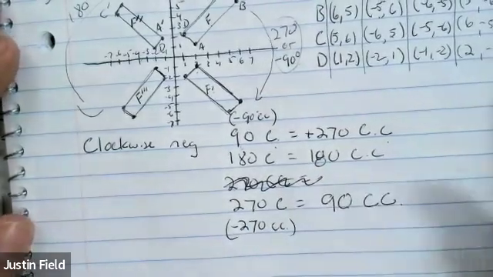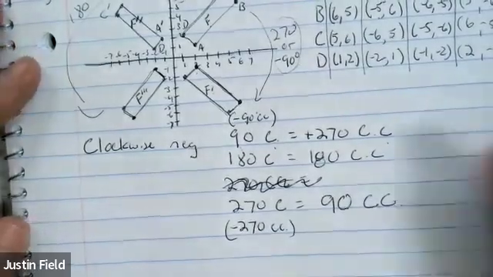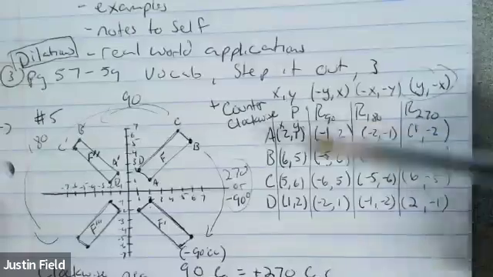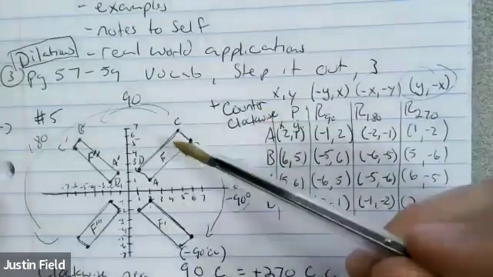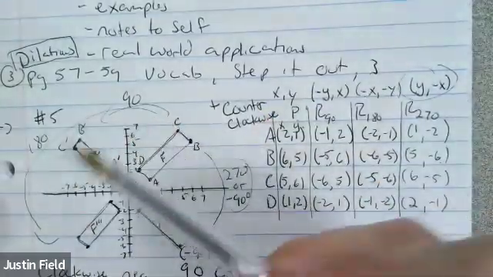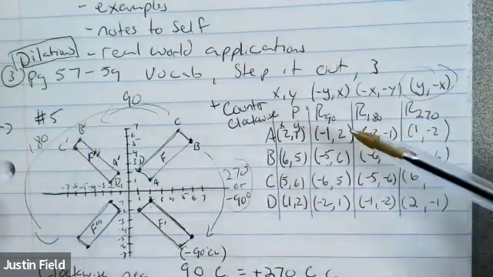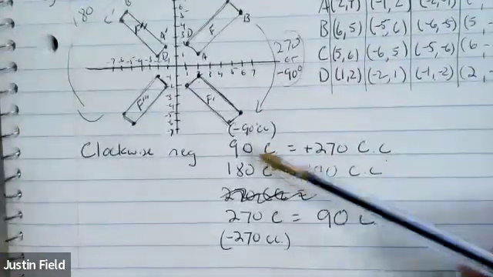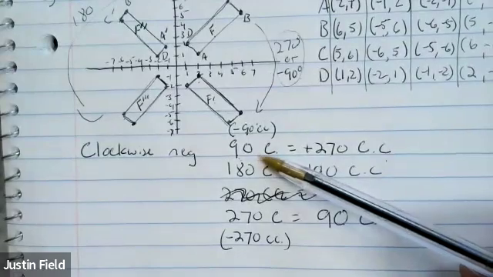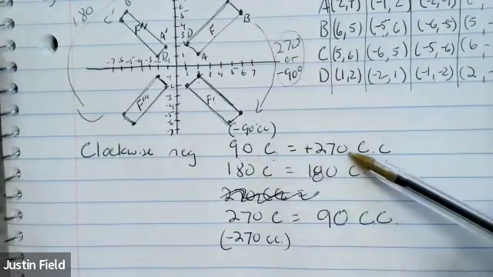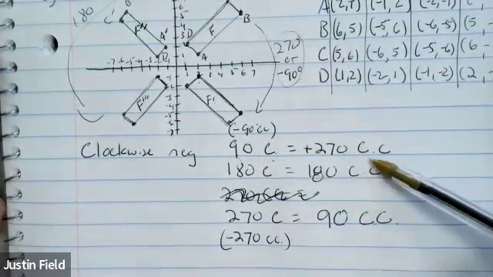So you're going to have to practice that a little bit, but I like to think about all rotations counterclockwise, going this way. And then if I have to do any clockwise stuff, I just translate it in my head. Okay, 90 degrees clockwise, what are you really saying there? Oh, you just want me to do 270 counterclockwise.